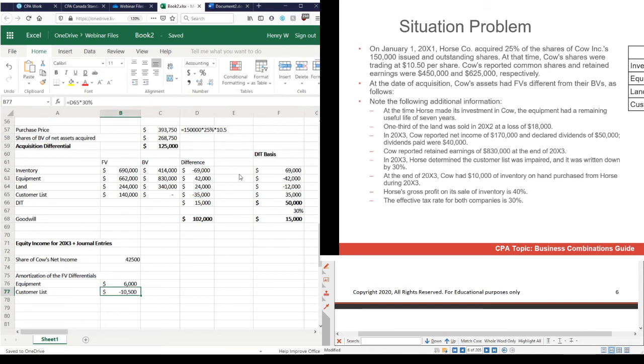And then to do the income tax, times the tax rate.